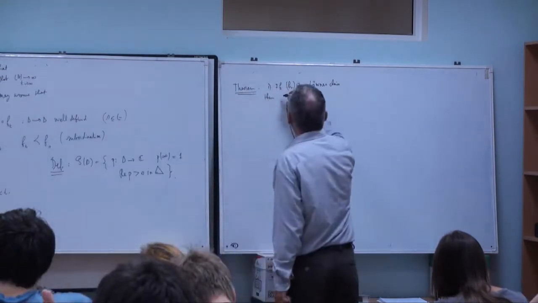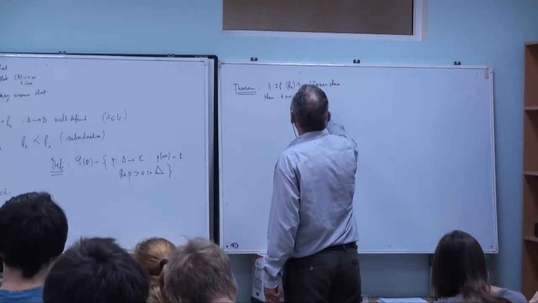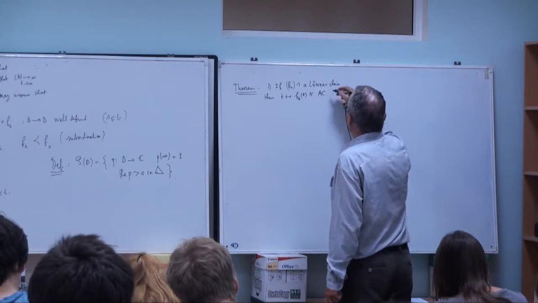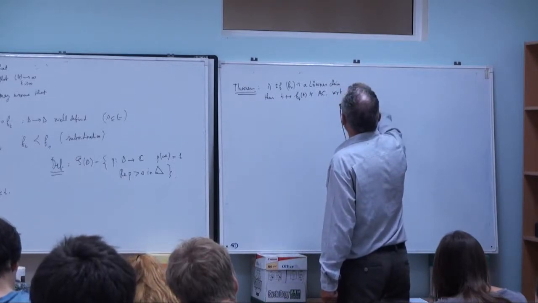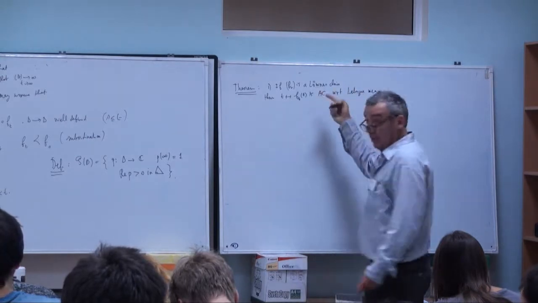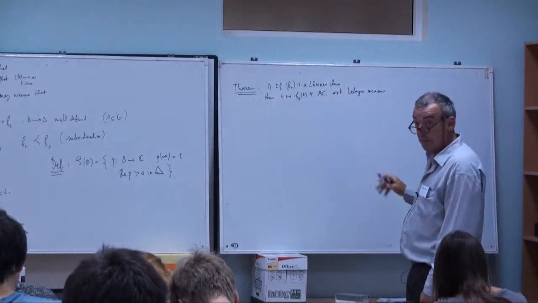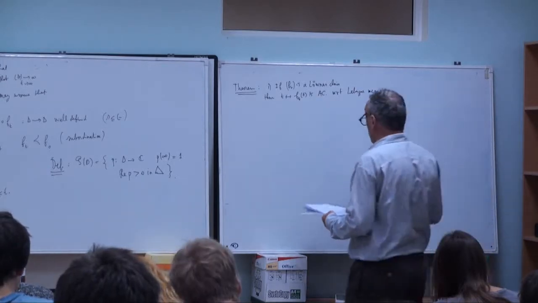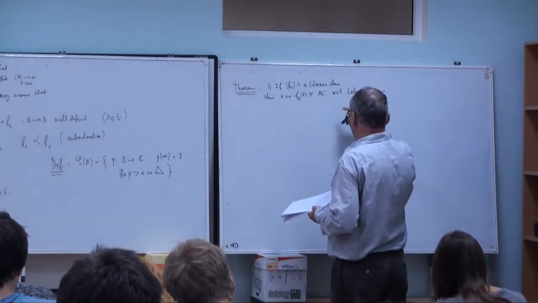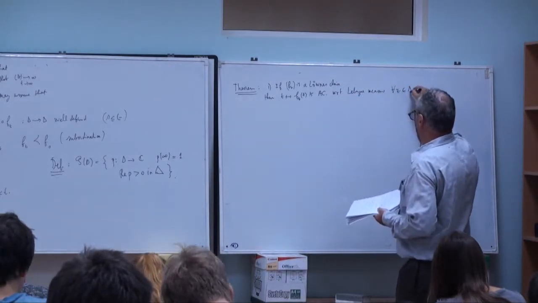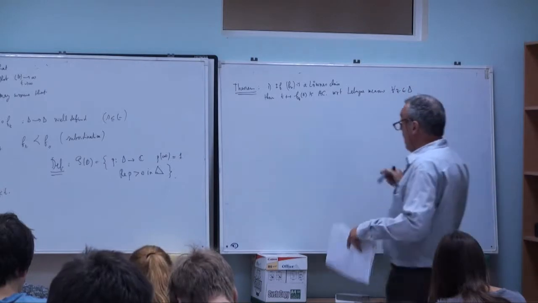So f_t of z is absolutely continuous with respect to Lebesgue measure. It's actually even Lipschitz, more than absolutely continuous, for every z in delta.